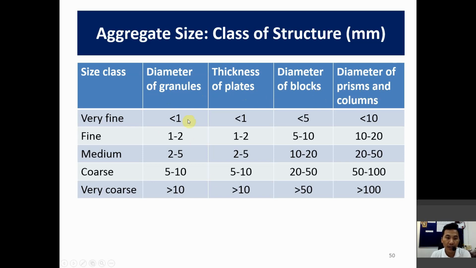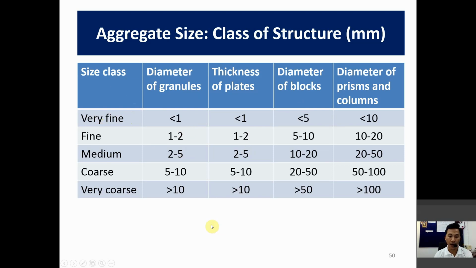The numbers here show you the characteristic length. For sphere you have diameter, for plate you have thickness, for block also diameter, and column or prism also diameter. So this table can help you identify what aggregate size you have, and then you can bring that information for better management.